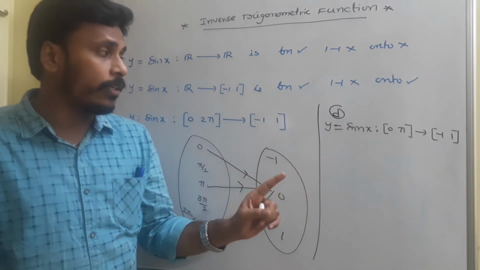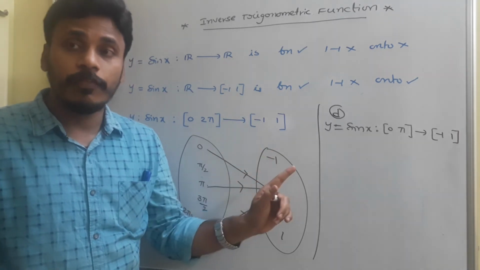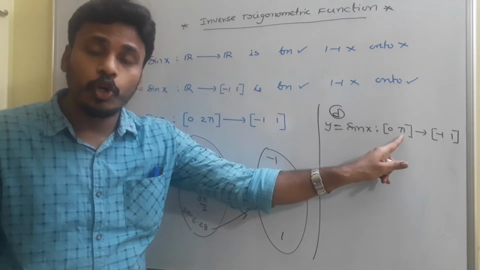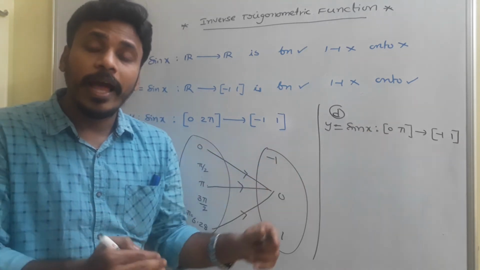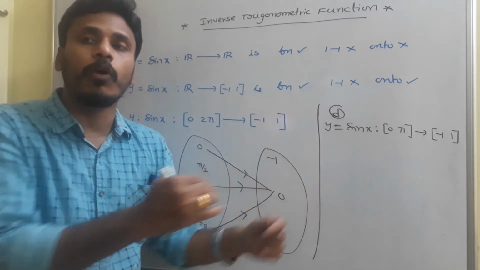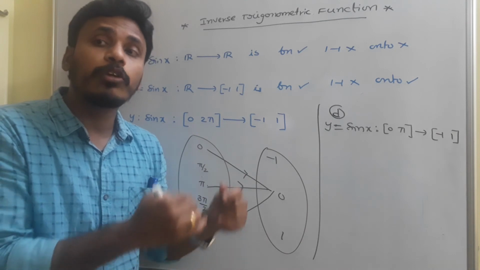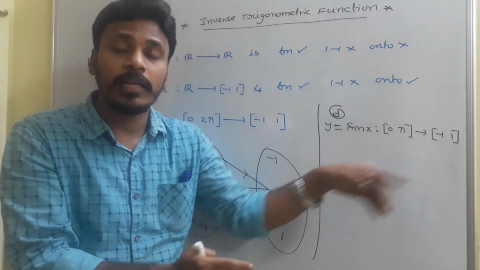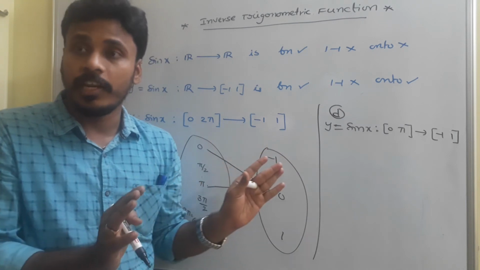This is actually just a function but not onto, because if the inputs are 0 to pi, no value in the domain gives you a negative output. Since no value gives you a negative output, all the negative numbers of this codomain just remain like that, they don't have any pre-image.